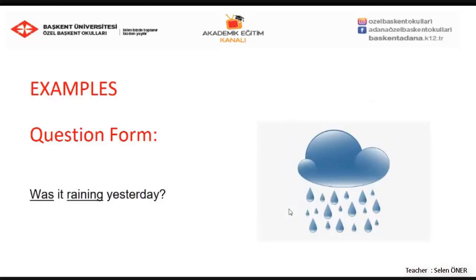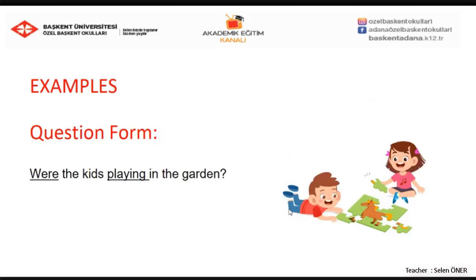Okay, this is the question form. Was it raining yesterday? Yes, it was. It was raining yesterday. Were the kids playing in the garden? Were they playing in the garden?